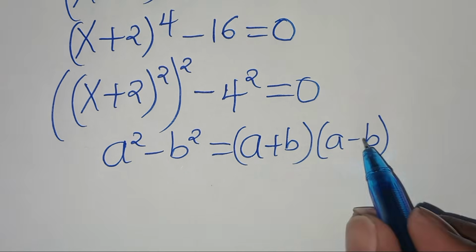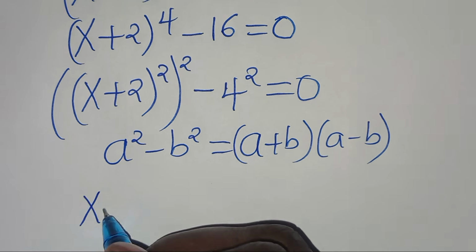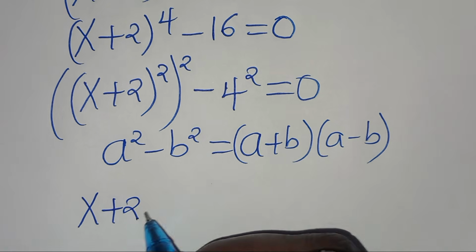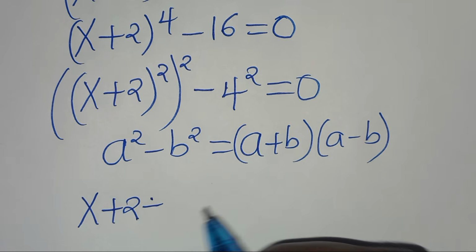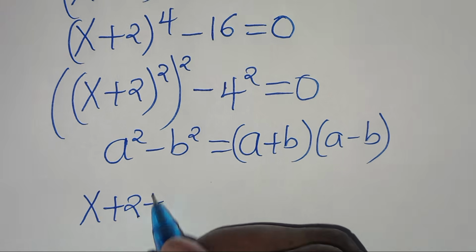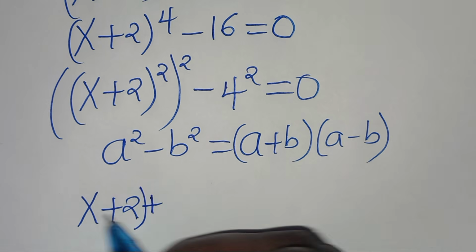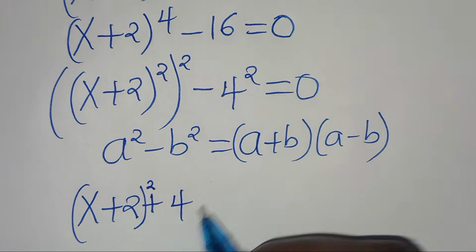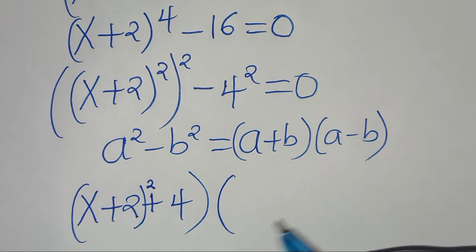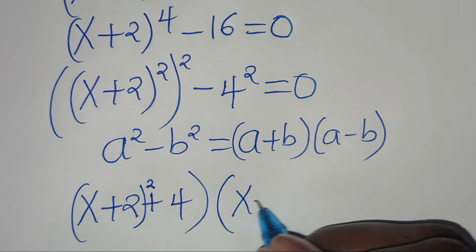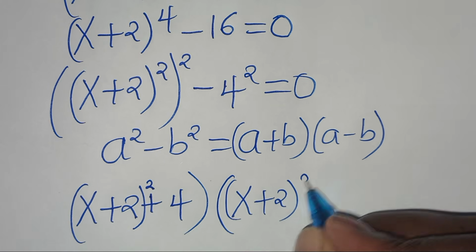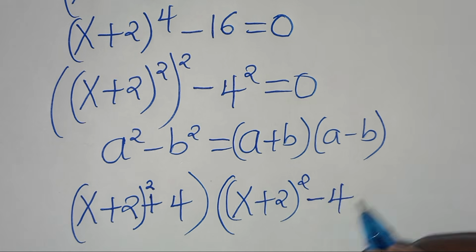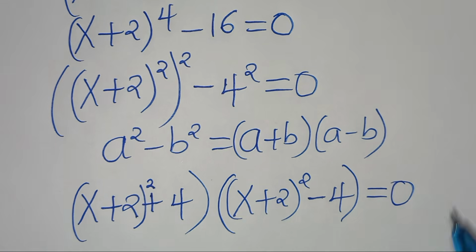Applying this identity, then we have ((x + 2)^2 + 4) multiplied by ((x + 2)^2 - 4), and this is equal to 0.